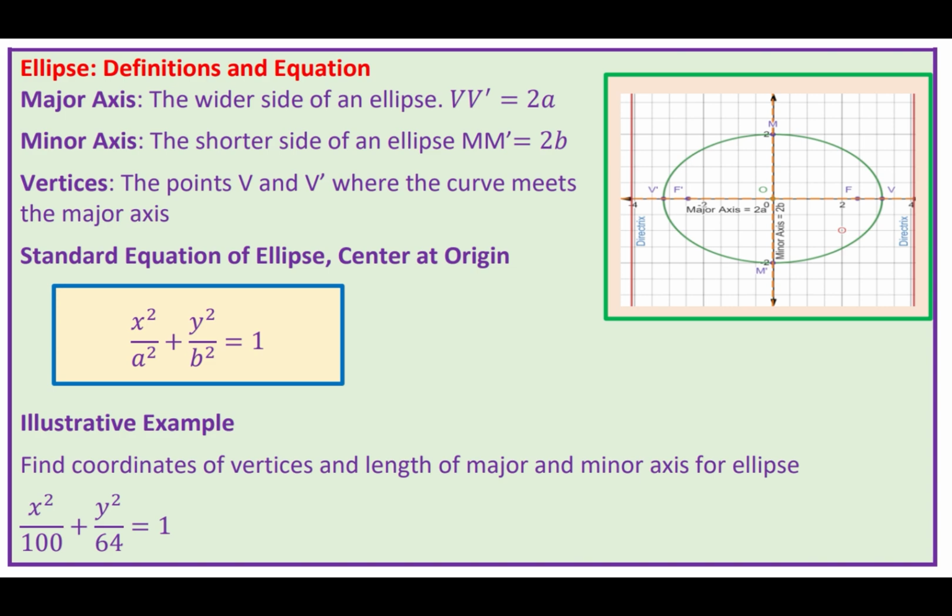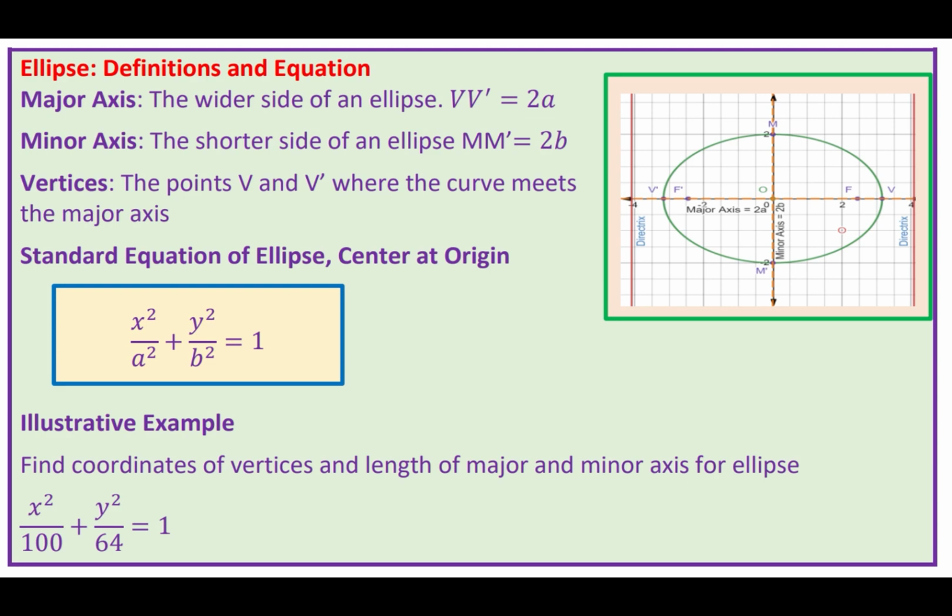As we see from the equation, the denominator of x squared is greater than the denominator of y squared. Therefore, we have an ellipse whose major axis is along the x direction. The vertex will be at a, and the value of a is the square root of 100, which is 10.